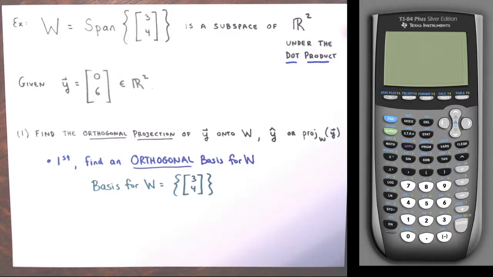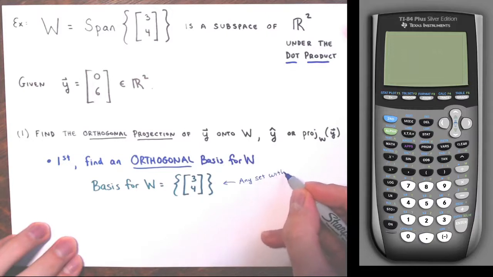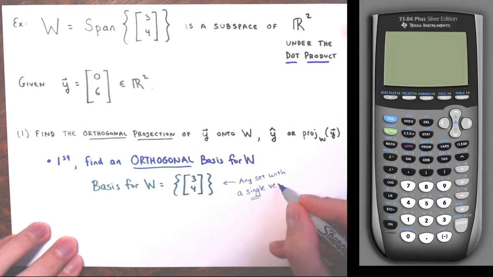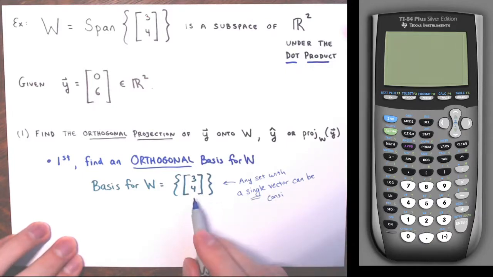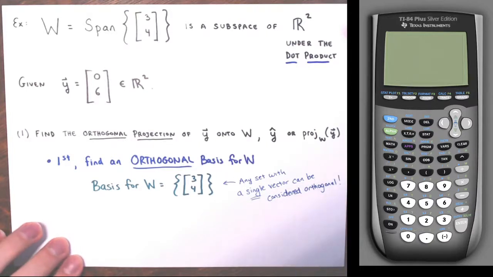Any set with a single vector can be considered orthogonal, even though there's really nothing to check. There's no pair of vectors to take the inner product of and see if it's 0. So this is good enough.